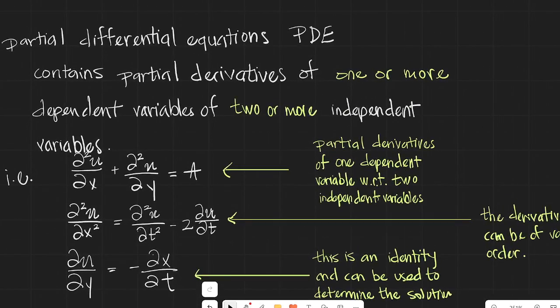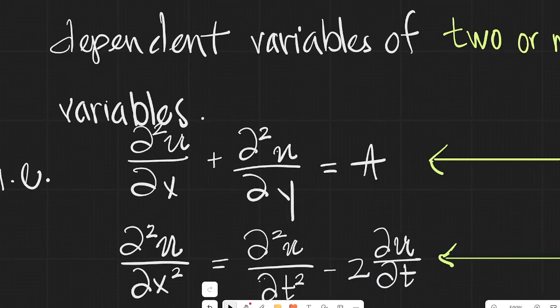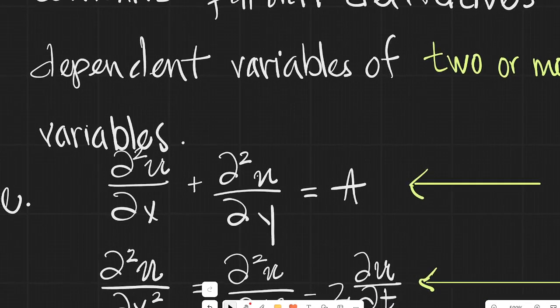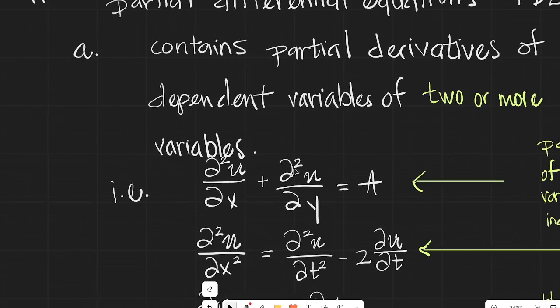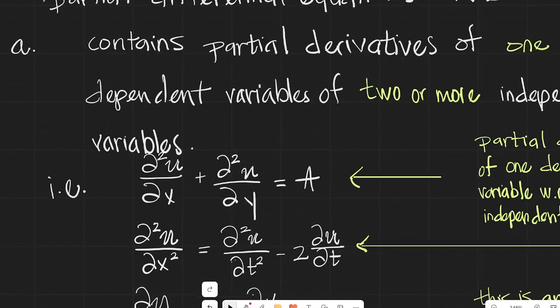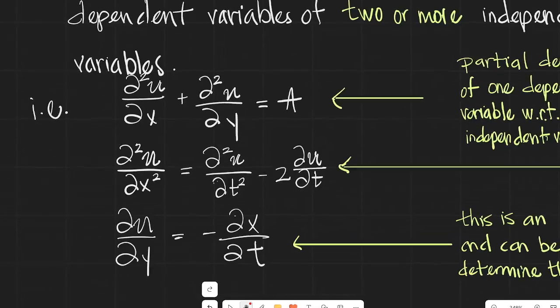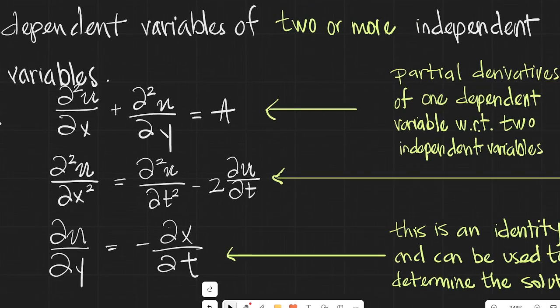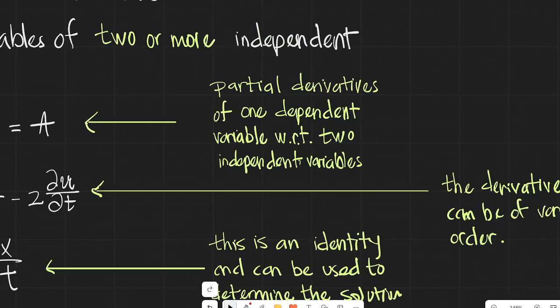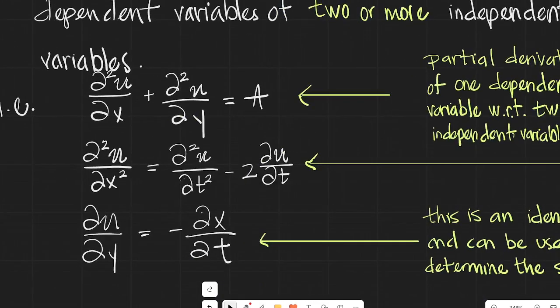Partial derivatives with respect to two independent variables. These are independent variables on the bottom, if you remember that from calculus. And there's one dependent variable, which is u. That's the function that we're trying to solve for, and we'll get to the solutions of these DEs in a second. Similarly, they can be of higher order as well.